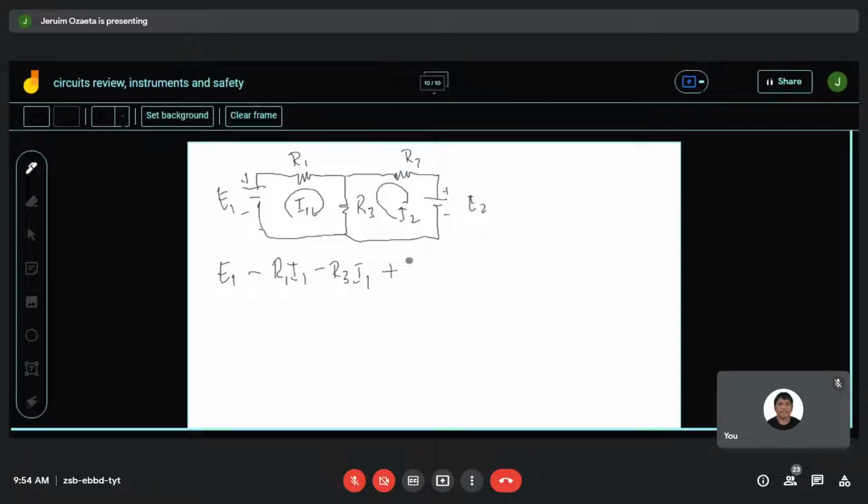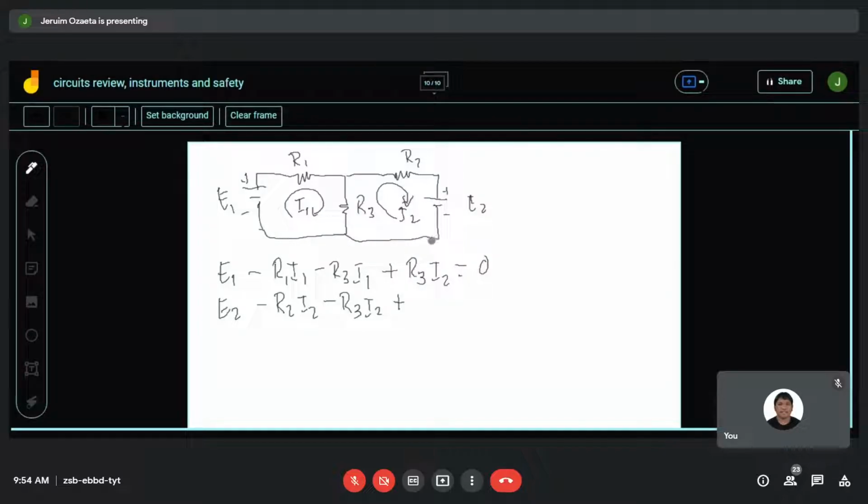This time we have plus R sub 3 I sub 2 equals 0. Also, for E sub 2, minus R sub 2 I sub 2 minus R sub 3 I sub 2 plus, take note, why plus?